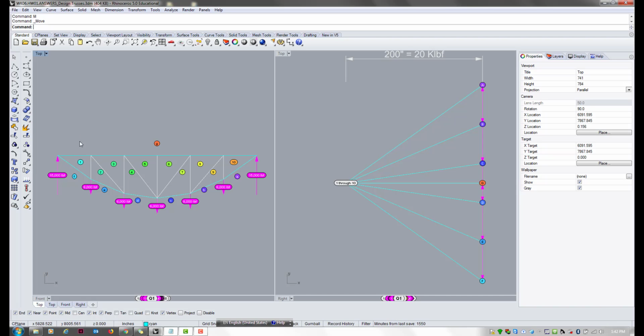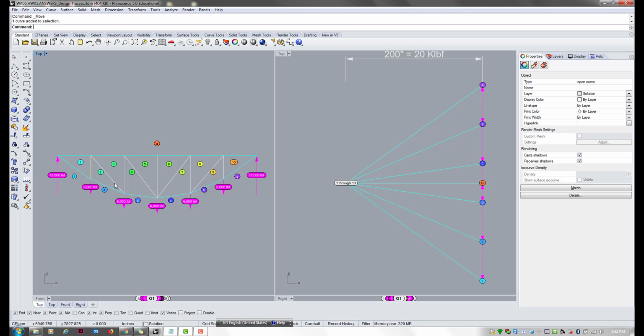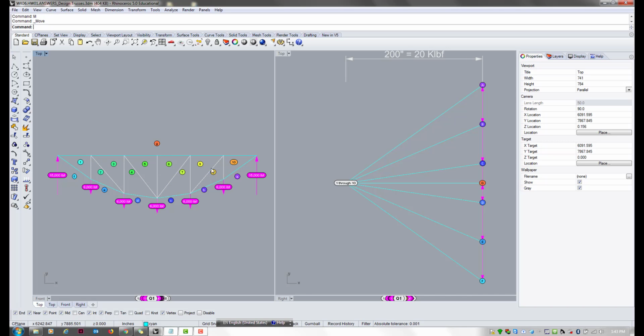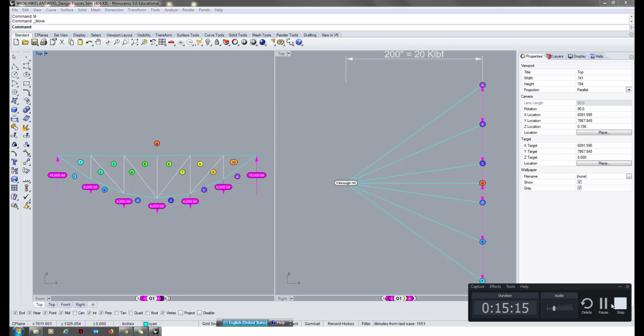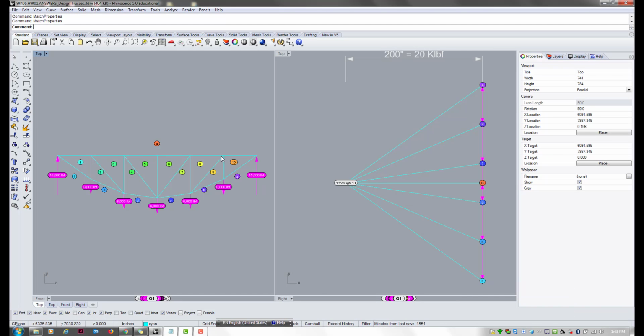So your resulting truss should look more or less like this.